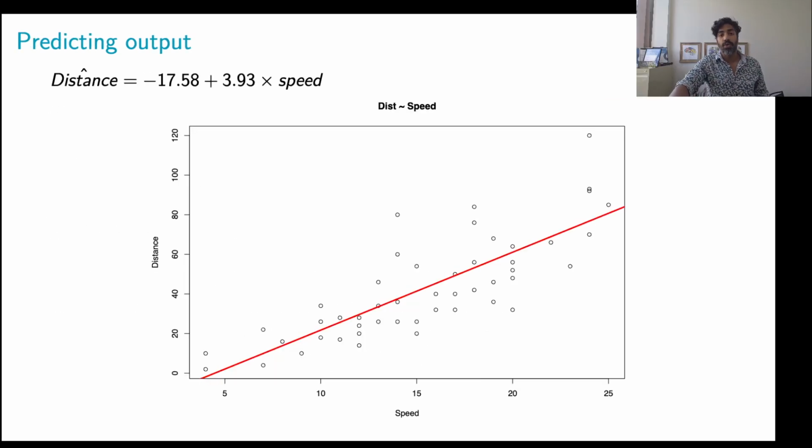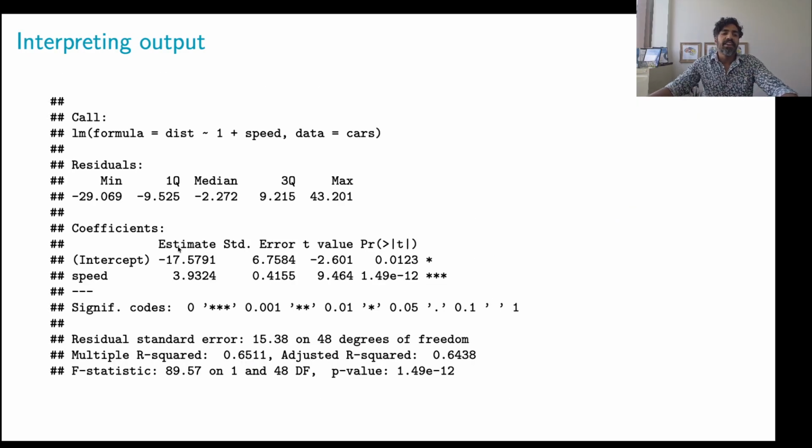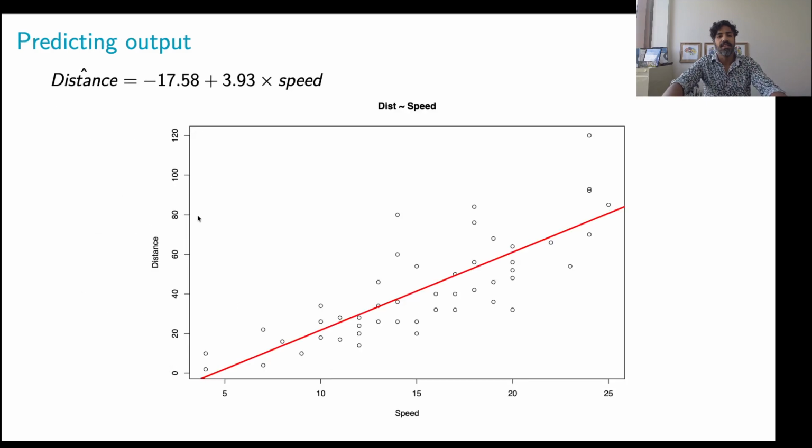Let's have a look at what it is in terms of the formula, connecting the formula to the numbers that we see. So the intercept, hopefully you were thinking that's a weird intercept. You see it's negative 17. So this is saying when the speed of the car is 0, the distance is negative 17. And if you have a look here, you might get a sense as to why that's the case.